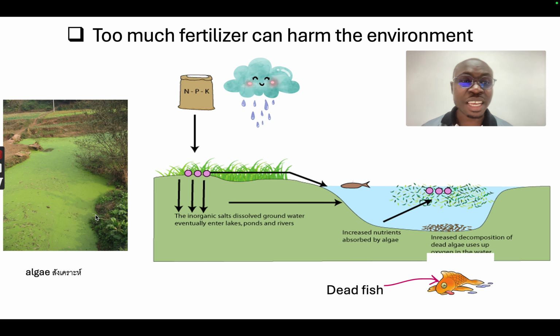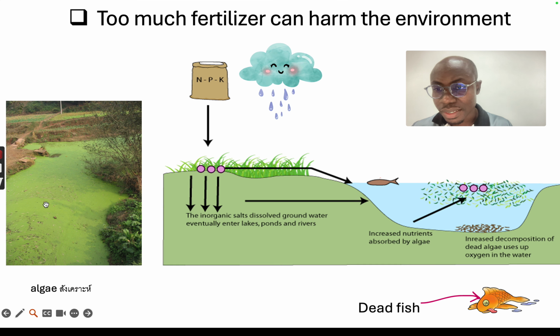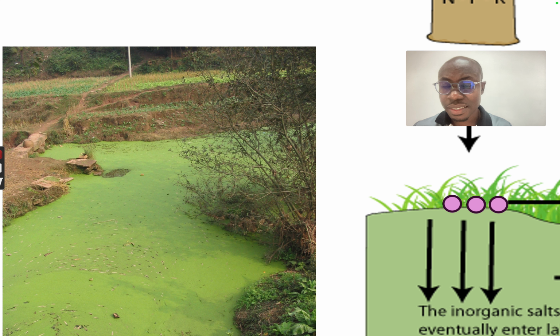After some time they will cover the top of the water and take all the oxygen in the water, and the fish and the animals in the water will die because they don't get oxygen and they don't get sunlight. The light from the sun cannot go under the water. An example is here, okay? This is a lot of algae.